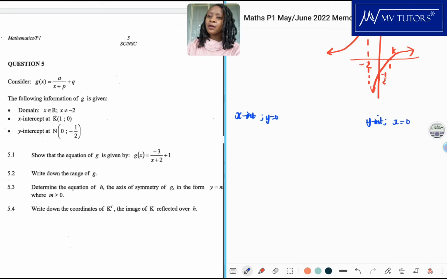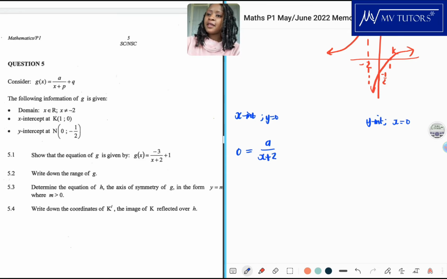So if I take my graph there, for the x-intercept, I know that y is 0. And then I have a over x plus p. Because I know that it shifted to the left, x plus 2.